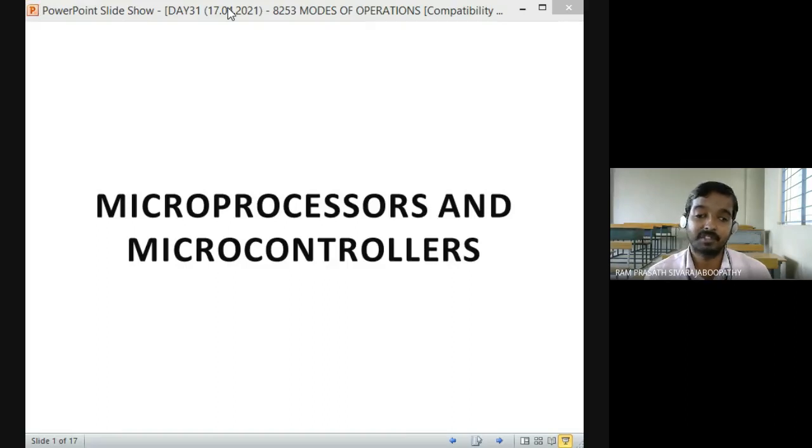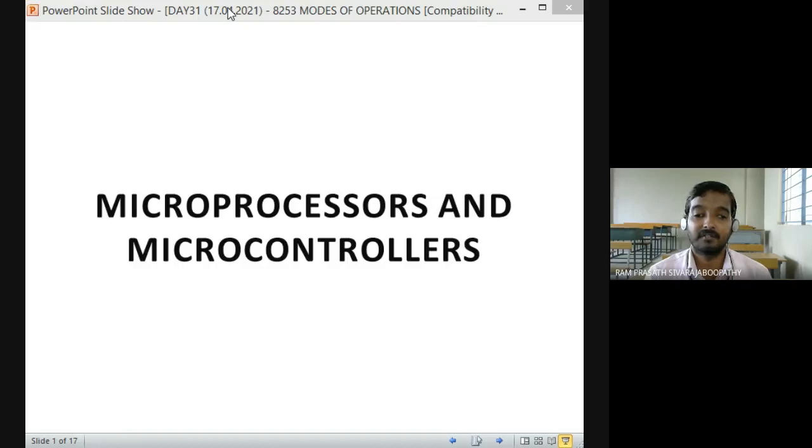What is the purpose of the signals A1 and A0? Yes, to select the counter. As we have 3 counters, to select the counters we have A1 and A0. Fine.